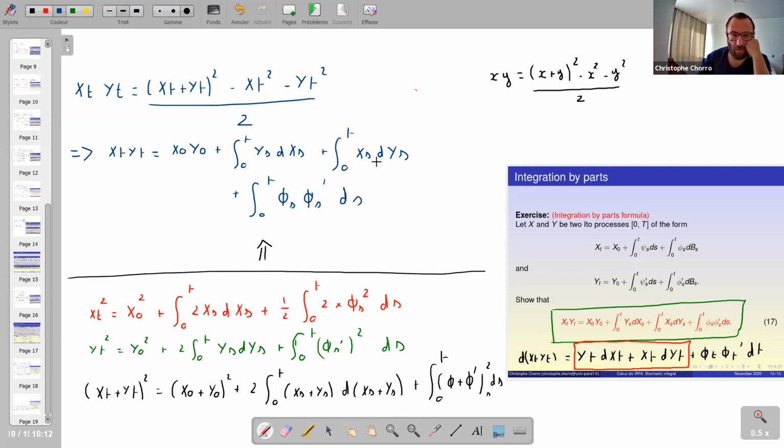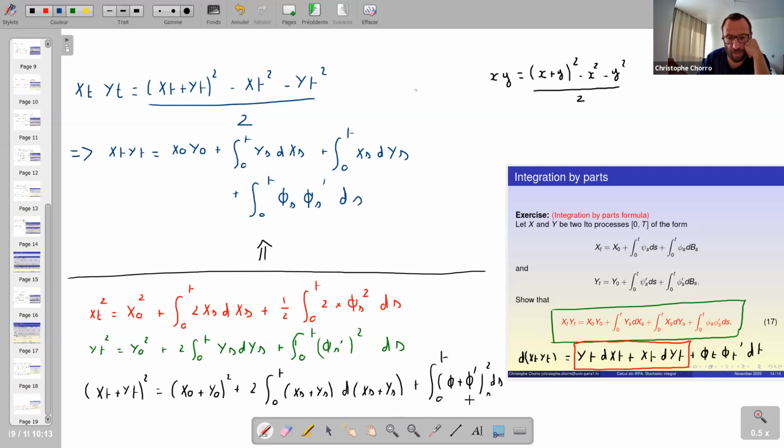I repeat that in order to obtain this, you replace (x_t plus y_t) square by this expression here, and then you develop the square and the term here. You subtract x_t square and y_t square, so you will have simplifications. Typically, if you just look at the constants, (x_0 plus y_0) square minus y_0 square minus x_0 square, over 2 will give you this one.